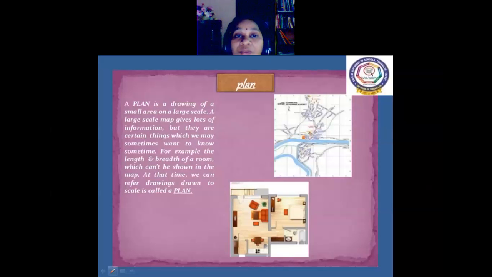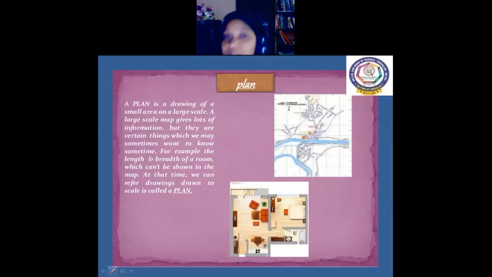First we plan that this hall should be here, this restroom should be there, the kitchen should face in this direction. First we will plan, then only we will construct the house.